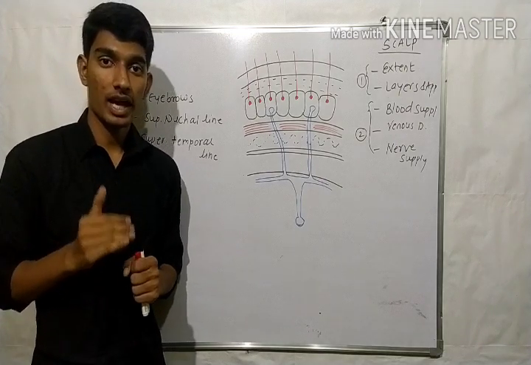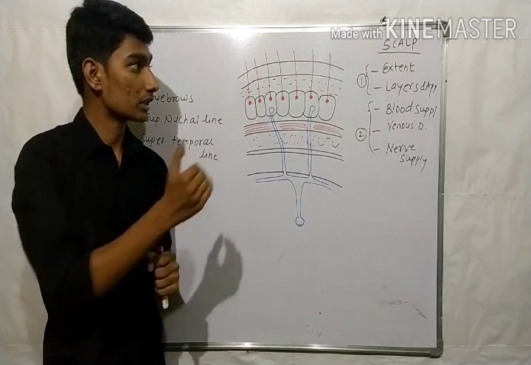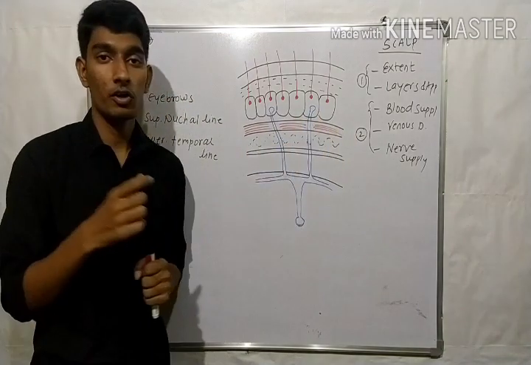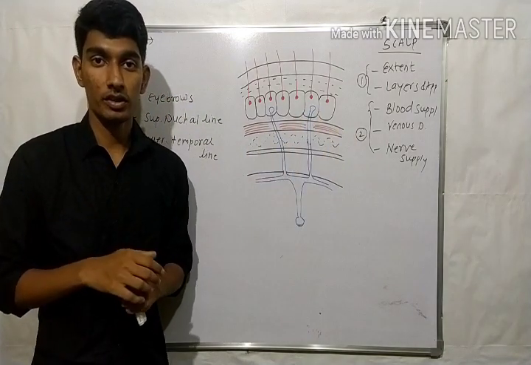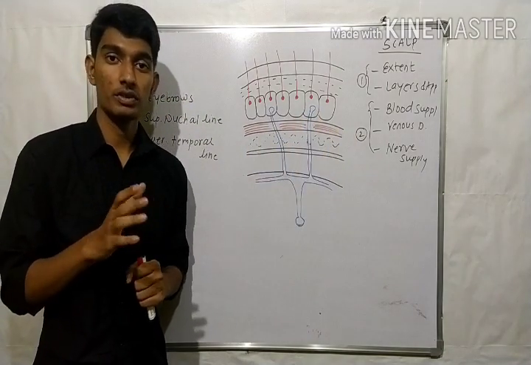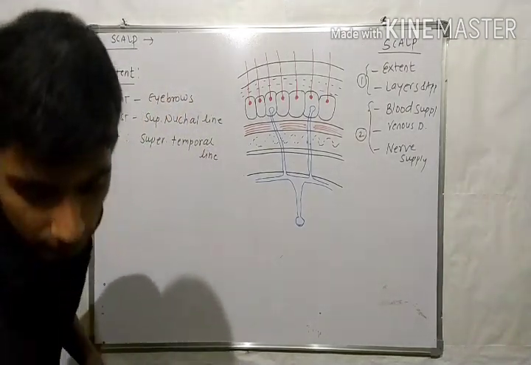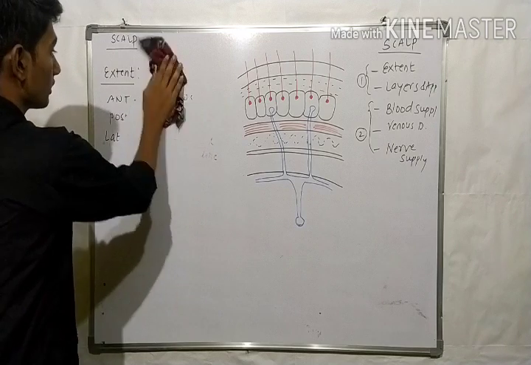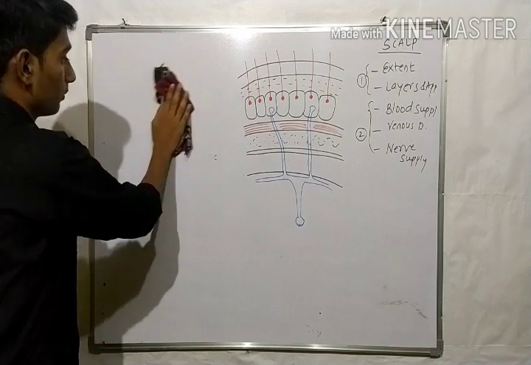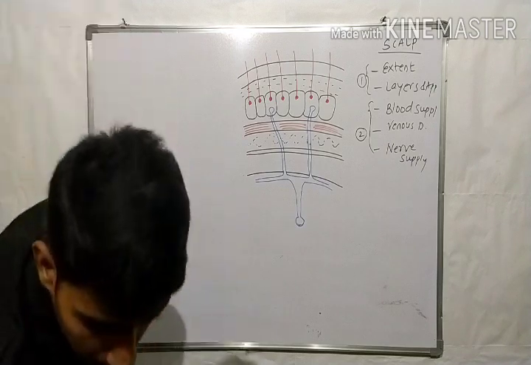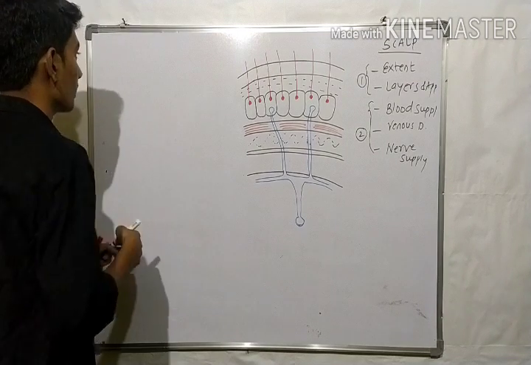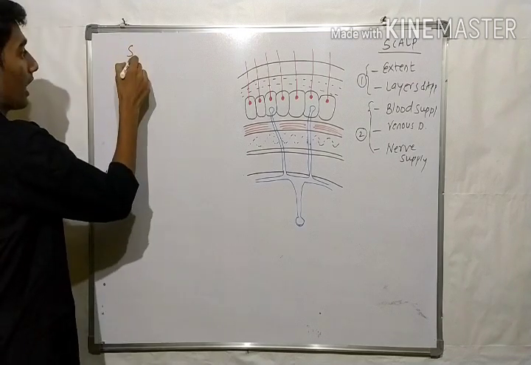Now after extent we will discuss the layers, along with the applied anatomy of each layer. You can remember the layers of scalp by a mnemonic, that is SCALP itself.